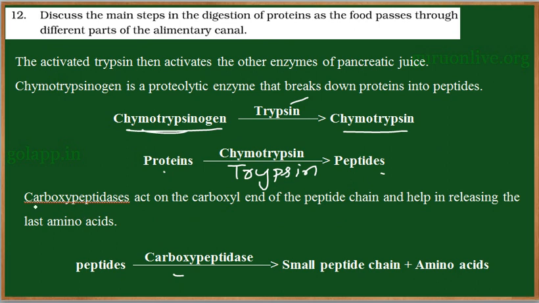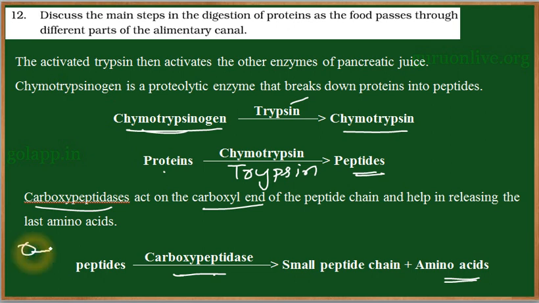And the last enzyme, carboxypeptidase, acts upon the peptides and starts removing amino acids from one end. Carboxypeptidase always identifies the carboxyl terminal. Every protein has two terminals, one the amino terminal, the other the carboxy terminal.